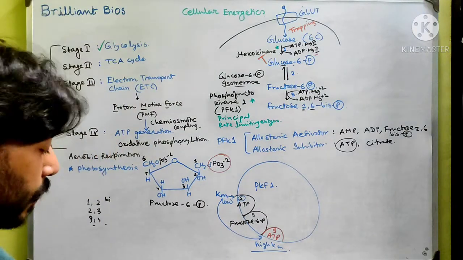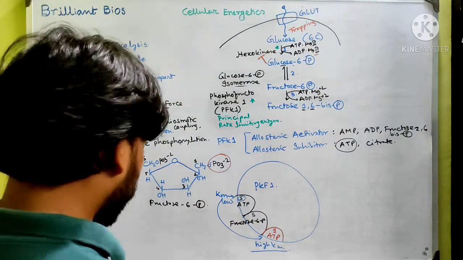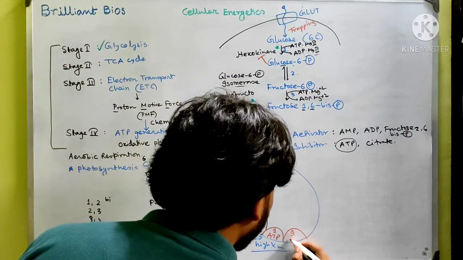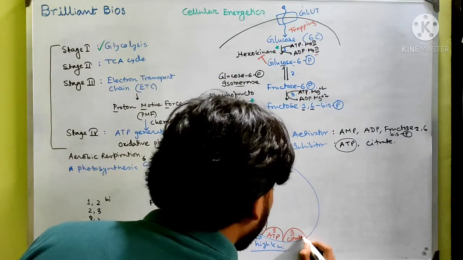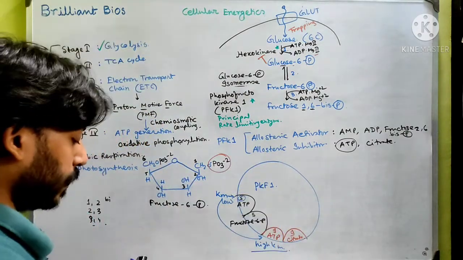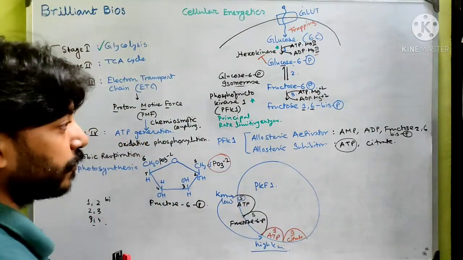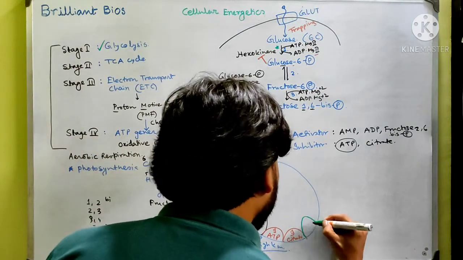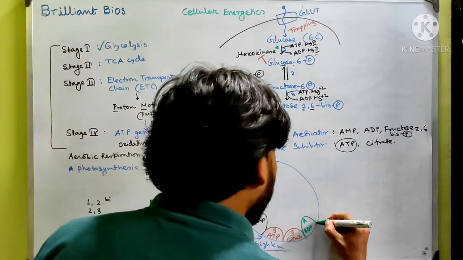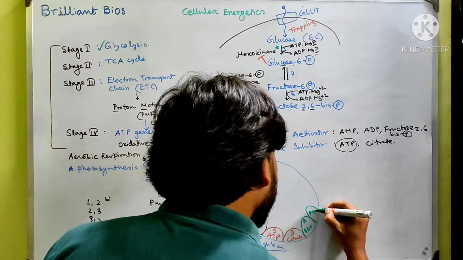Now another fact I want to mention here is that there is another inhibitory site. Let me draw here. Let's suppose this is an inhibitory site like citrate. Citrate is a product of the TCA cycle, so it can also inhibit this enzyme. Now let me draw the activator sites in green. So these are the activator sites; ADP can activate, AMP can activate.